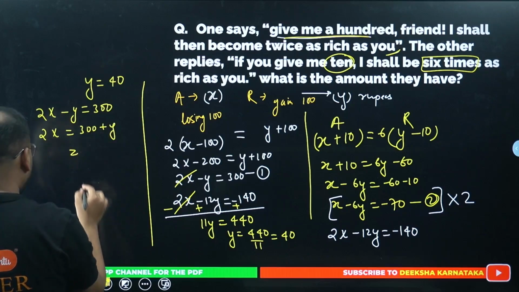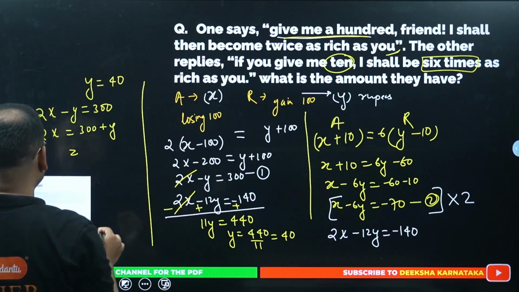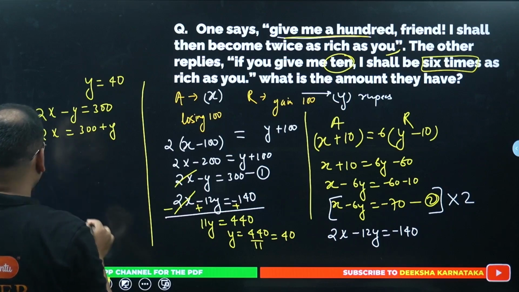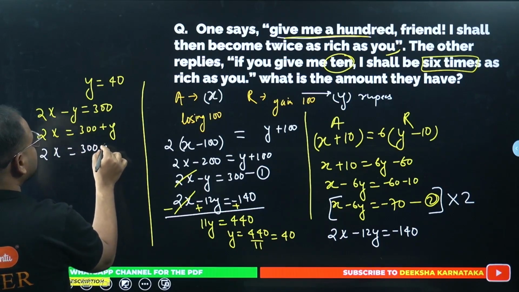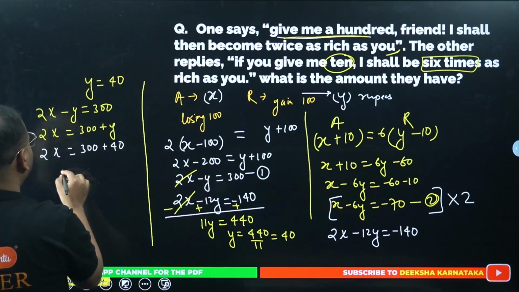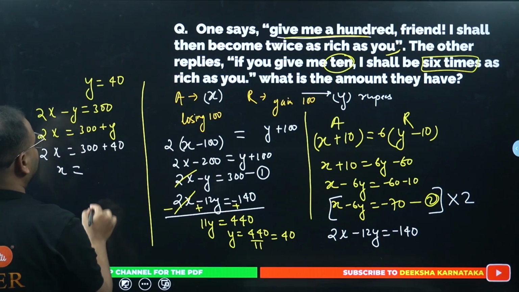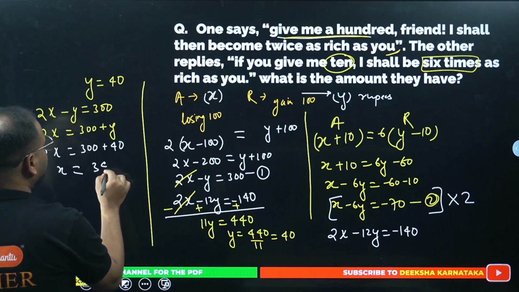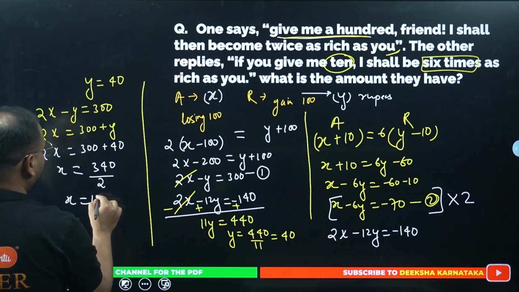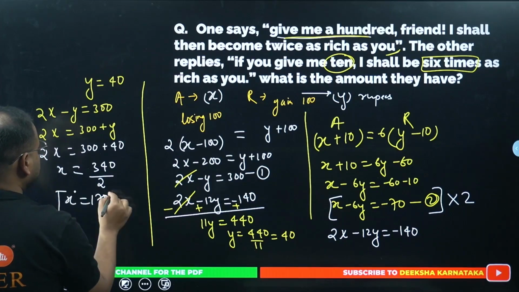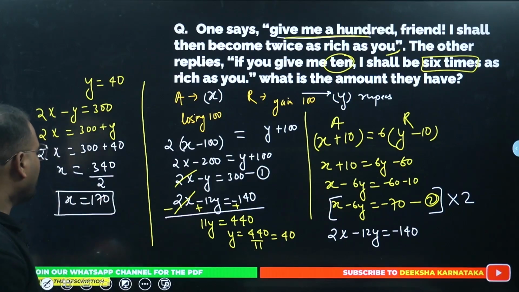So 300 stays as it is. I can write this as 2x equals 300 plus 40, Rutu's money, and then x will be equal to 340 by 2. How much is it? x equals 170 rupees.